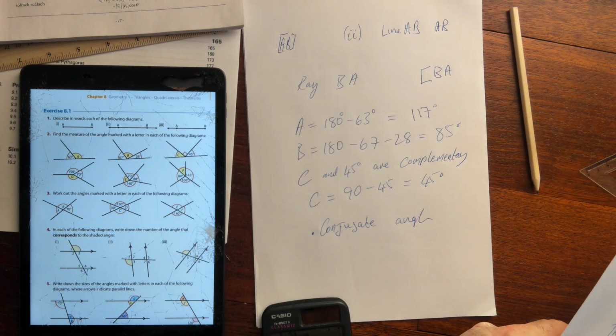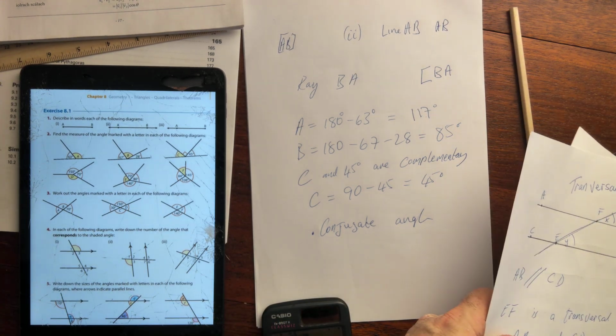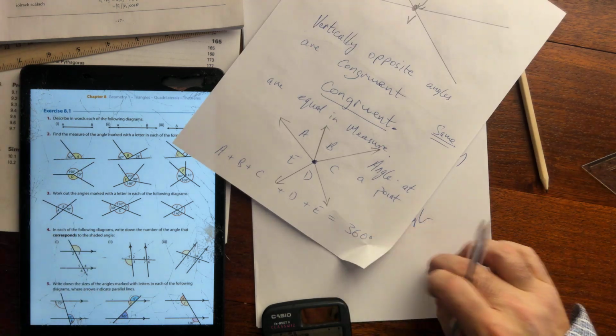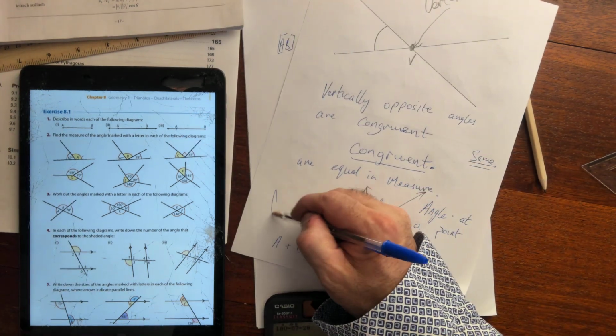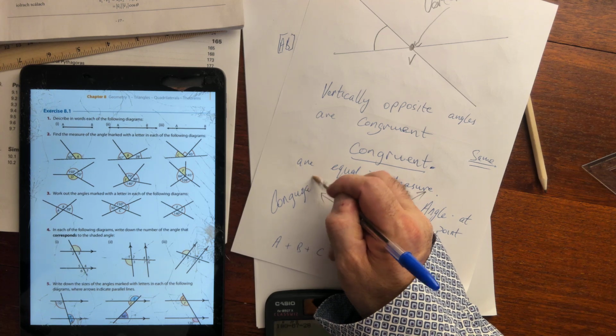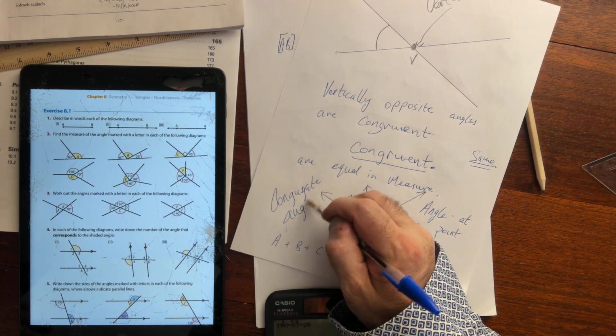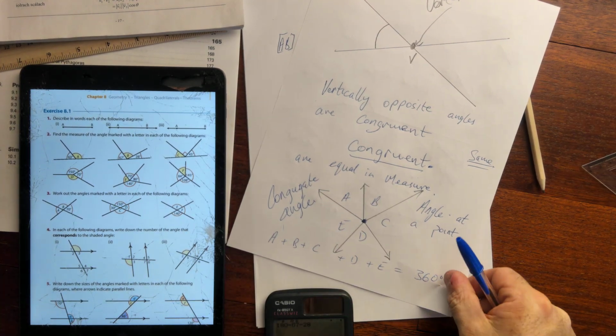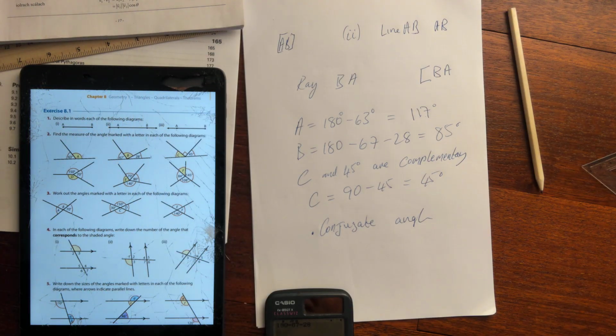If we went back along with our notes to here, these are conjugate angles. Now the maths bit is more important, they all add up to 360 degrees, but at least we have a word for them.